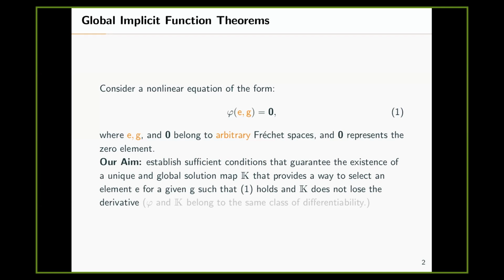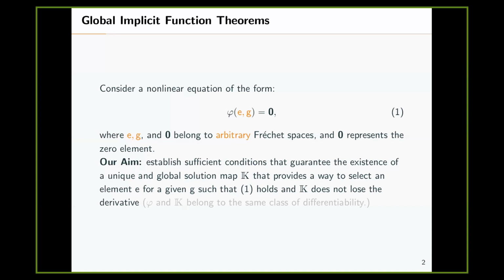That's the terminology of Moser. It means that K maintains the same level of differentiability as the original function phi. So it ensures that these 2 elements, E and G, their relationship is just as smooth as the original function phi.